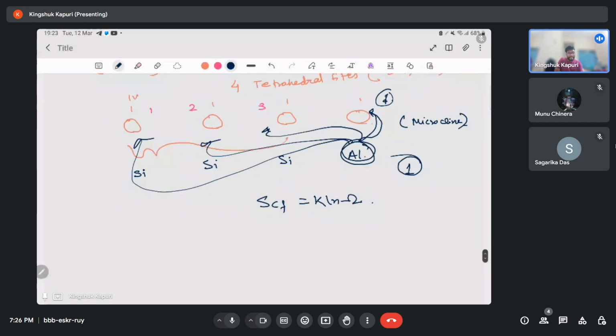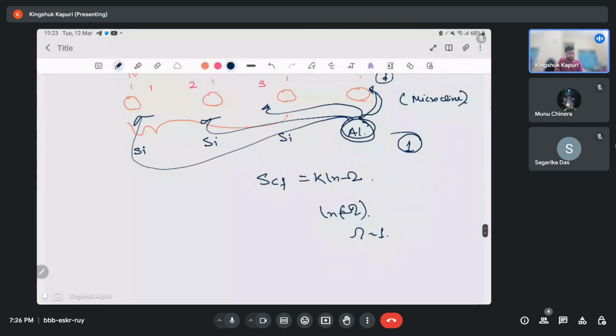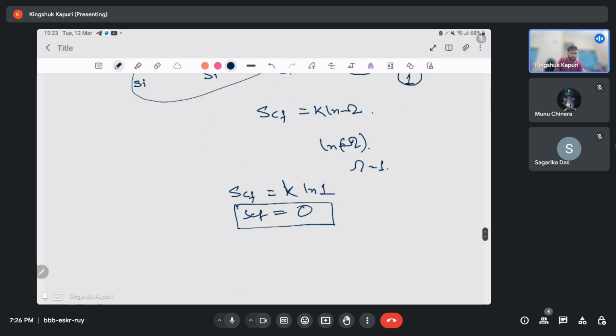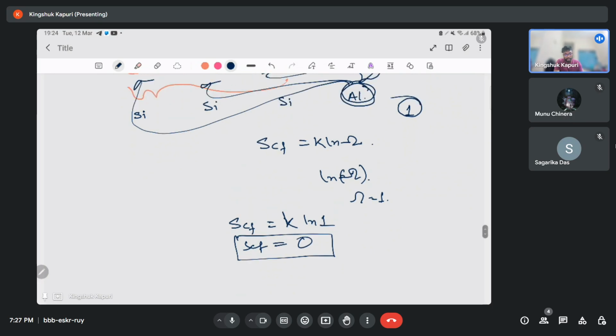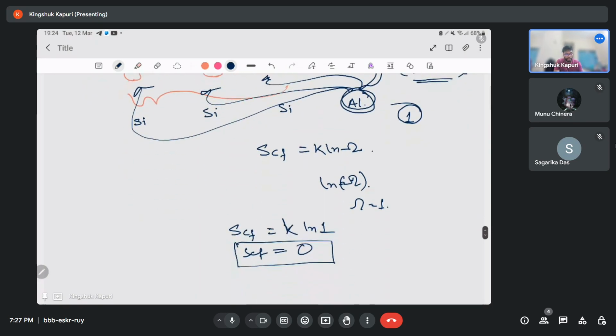So here ln is ln of omega, omega equals 1. So S_CF equals K, the Boltzmann constant, times ln 1, which equals 0, a very low value. So for microcline, the configurational entropy will be 0.